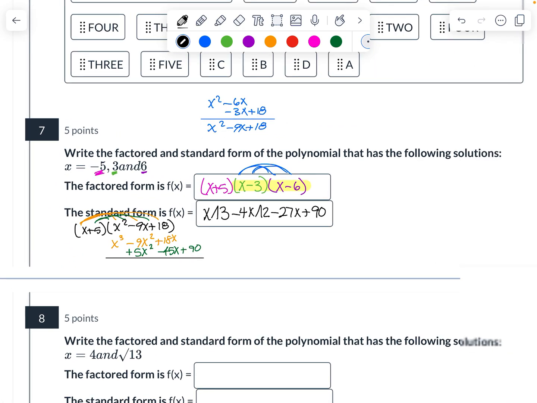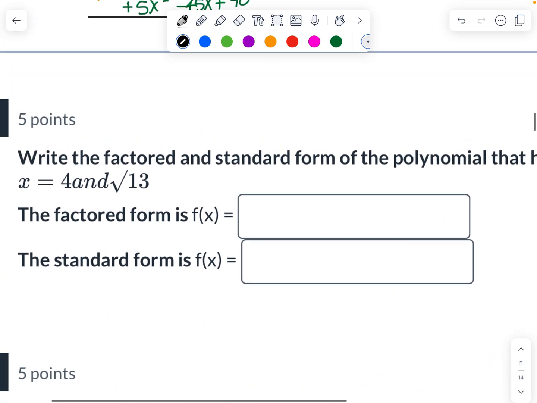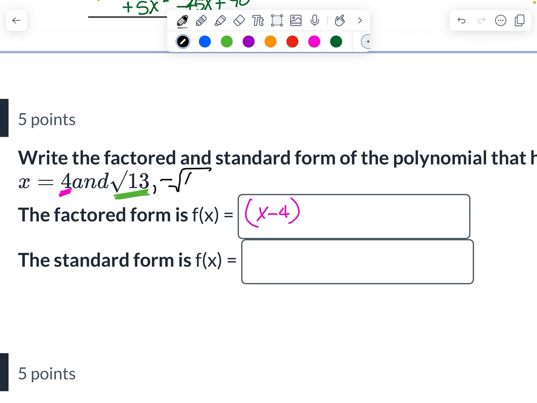Yep. Number 8. Okay, in number 8, if I tell you I know I have an answer of 4, that means I have to have had a factor of x minus 4. Now then, if I tell you I know I have an answer of radical 13, then you also need to know that you can only have a radical if you have its opposite as well.